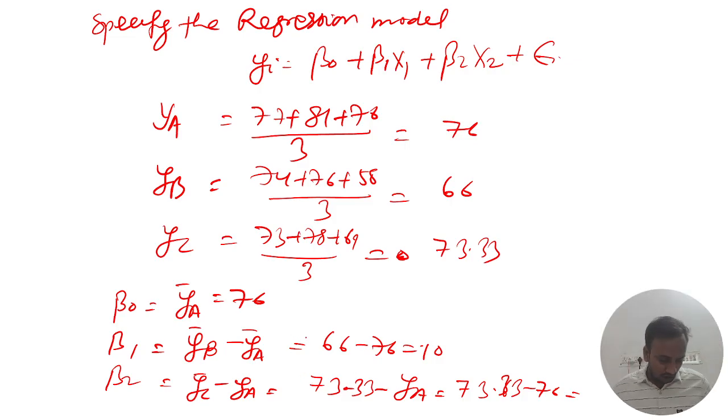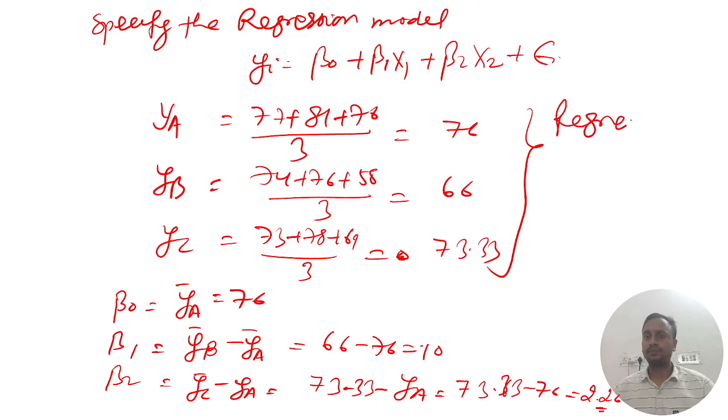So we'll get 73 minus 76, which comes to minus 3 point something. 2.26 will come into the picture. So what will be the regression equation?